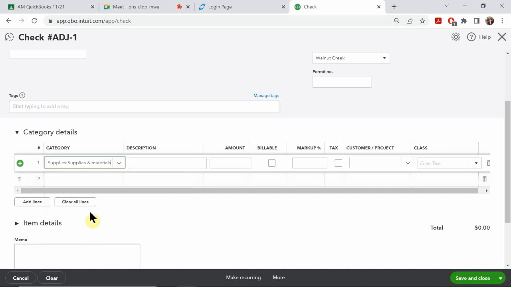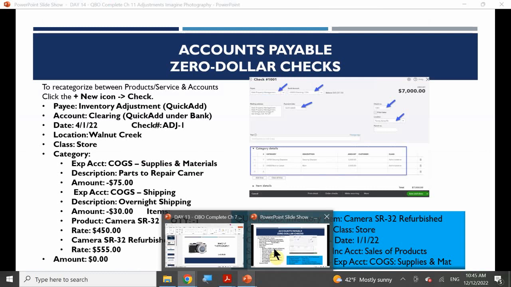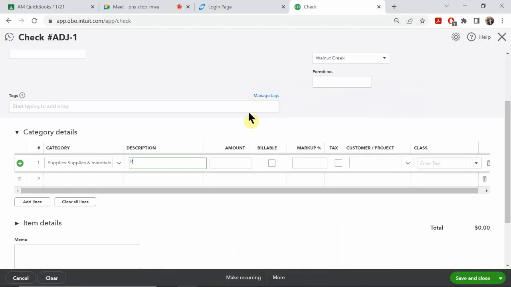So here, cost of supplies and materials, description here is parts to repair camera, for the amount of negative $75, okay? So remember that class is store, right? This is from the Walnut Creek location.